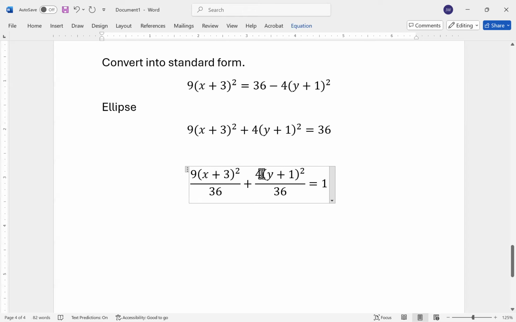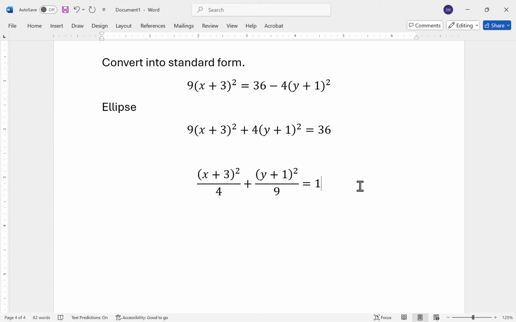And then 4 divided by 36 simplifies to 1 over 9. I'll leave off the coefficient of 1. 9 over 36 simplifies to a 4. And so that's the standard form for the ellipse.